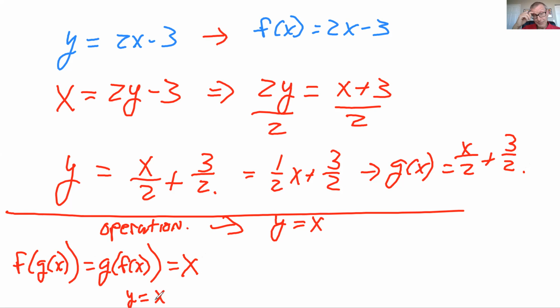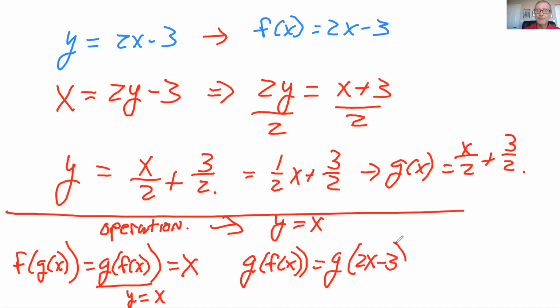So let's do that. It doesn't matter, let me do this one here. So g of f of x would be g of 2x minus 3. When you plug that into the equation, you need a little bit of space here. So let me pause here for a second.